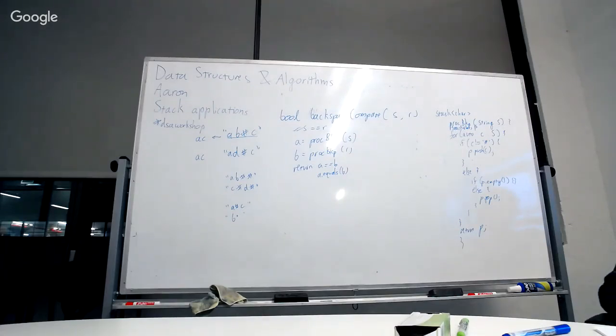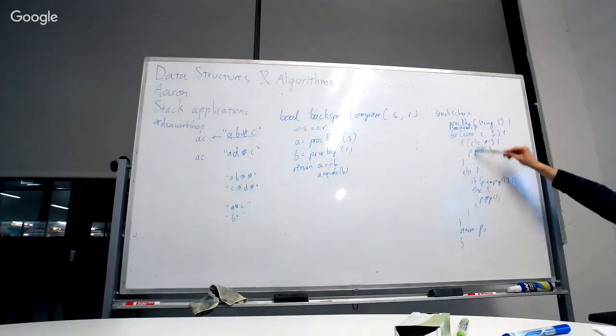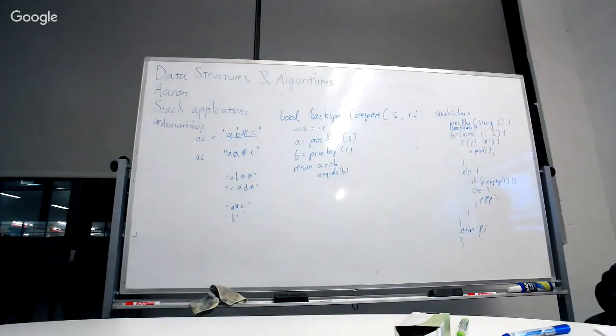Is that believable? This loop only does what we want because it's a stack. If it were a queue, we would get garbage.